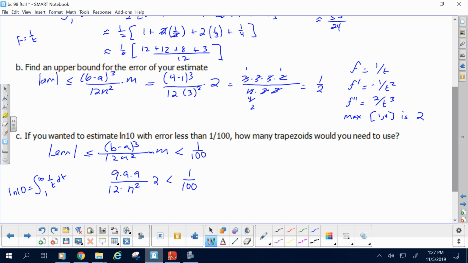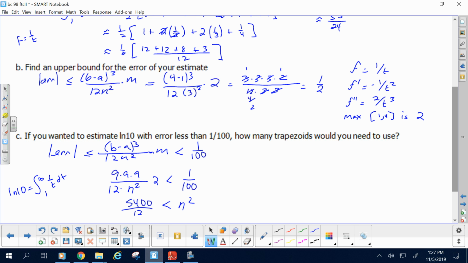Alrighty, so n squared is greater than, we've got 27 times 2, so that's 54 with 2 zeros, right, over 12. So is that 900 over 2, 4,500, 450? Anyway, you just figure it out.